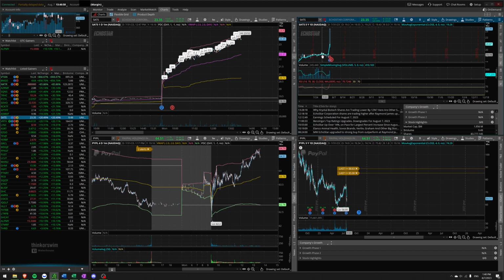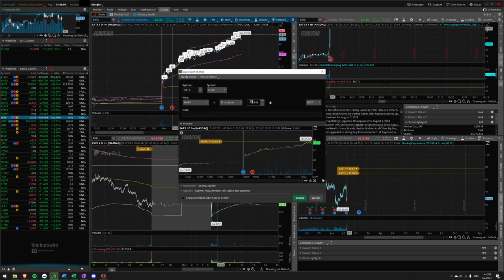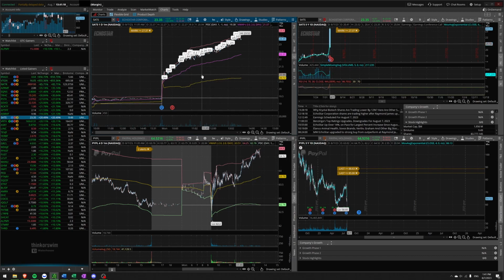So I put this on my watch list, and then I also set an alert. Here we go. Set an alert, guys. When it hits that level, I will know that it has met my criteria for a potential short.